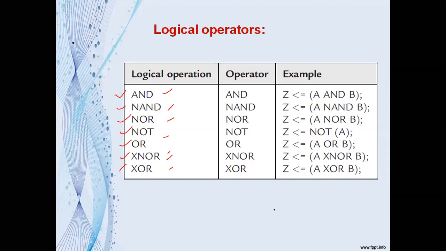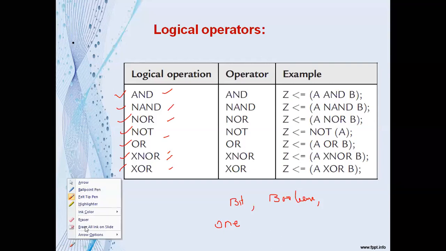You can perform these logical operations on a bit type, on a boolean type, and also on a bit vector, and you can also perform them on one-dimensional arrays of bit and boolean. So we will see an example of this.